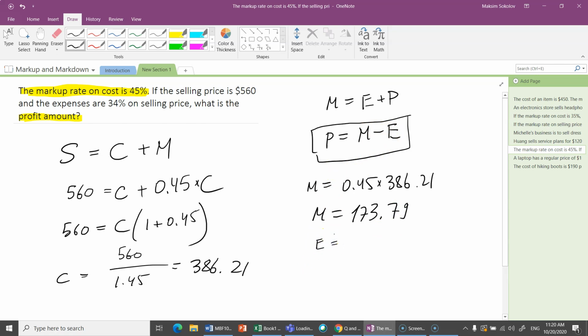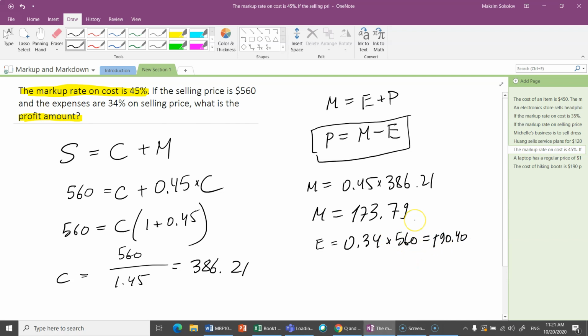What about expense? Expense are 34% on selling price. So it's 0.34 times selling price, which is $560. 190.40.